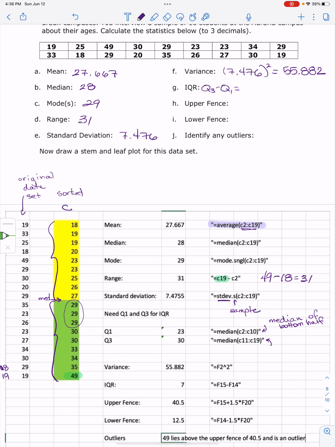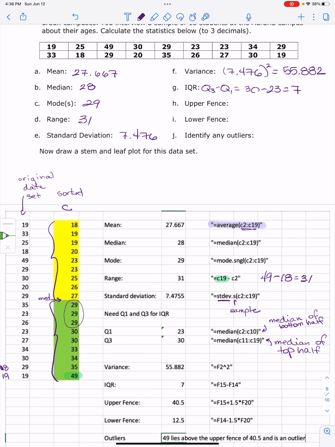And then the median of the top half of the data. And by bottom half, I mean the values that are less than the median. The top half is the values that are greater than the median. So Q3 minus Q1, 30 minus 23, and we get 7.